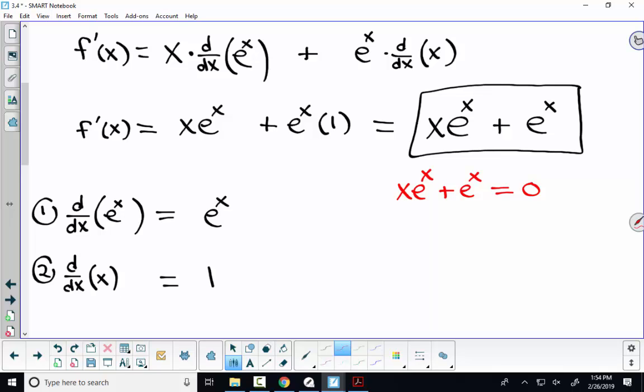What does the derivative describe? Slope of the tangent line. So we're saying, here's my slope of the tangent line. When is the slope of the tangent line 0? When I solve for x, what does that tell me? A horizontal, close. Horizontal tangent line, right?